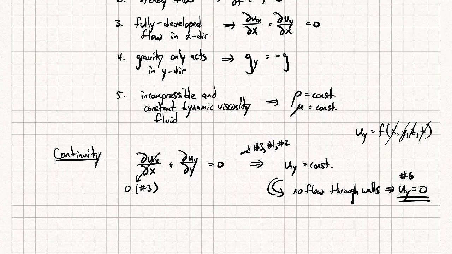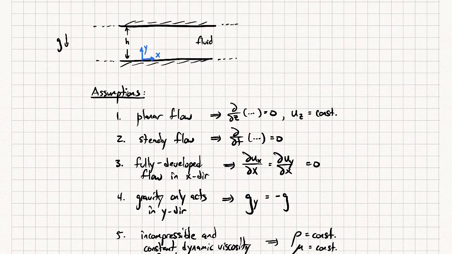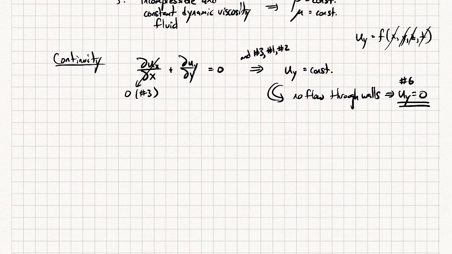We could have assumed that it was 0. We could have just said that everything's flowing along in nice horizontal layers here with no y component. And so we could have made it an assumption, and it would have been correct. But I just want to point out you don't have to do that. We can actually show that it has to be horizontal just from the continuity equation. Okay, let's move on now.